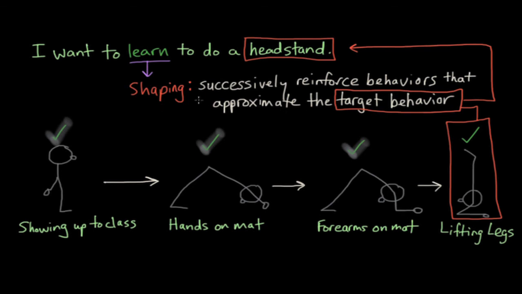The same process has occurred when you see people who show you their dog who can shake hands or roll over on command. The dog didn't learn it through taking notes or reading a book on rolling over. It learned it by being successively reinforced until it ultimately performed the target behavior that their owner had in mind. So this is shaping.